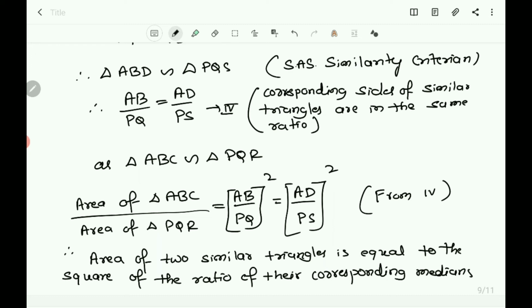Here AD and PS are the medians. So you got AD by PS the whole square. Therefore, the ratio of areas of two similar triangles is equal to the square of the ratio of their corresponding medians.